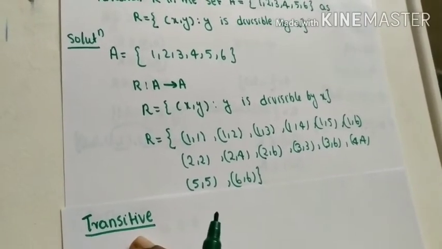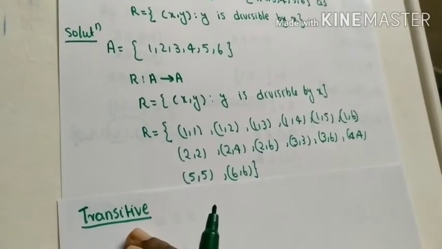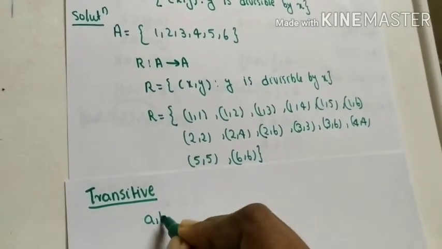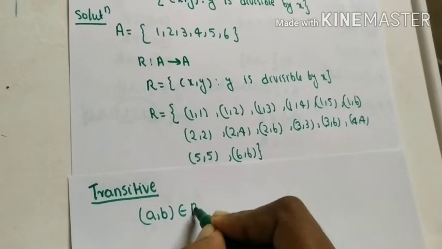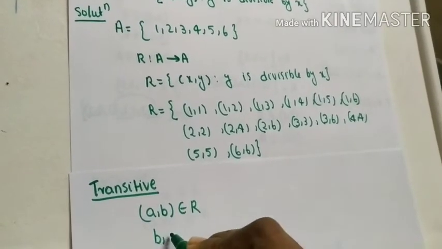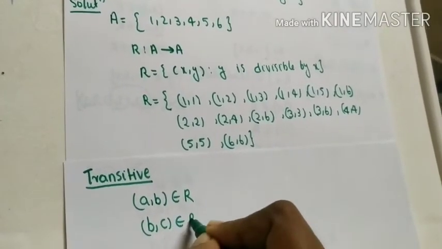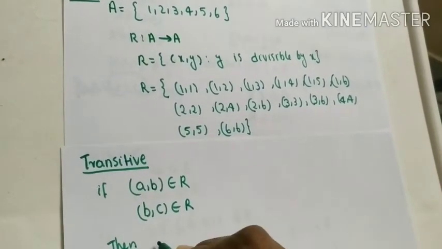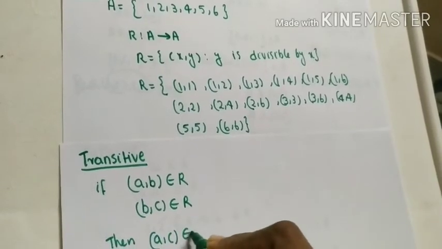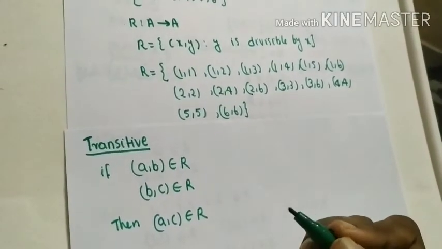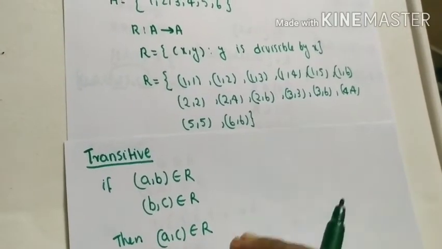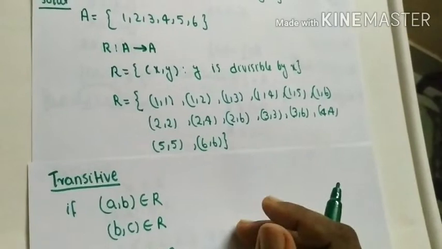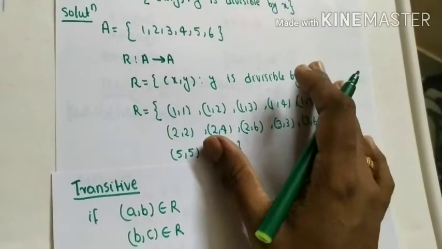Next we check it for transitive. What is a transitive relation? If (a, b) is an element of R and (b, c) is an element of R, then (a, c) is an element of R, which will give a transitive relation. So let's check it for transitive in this question.